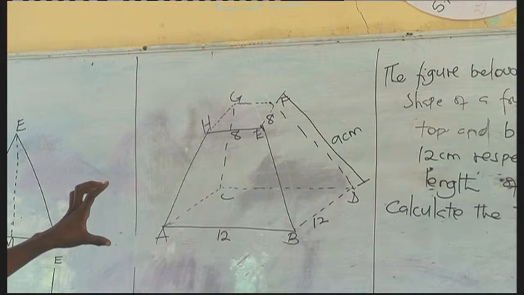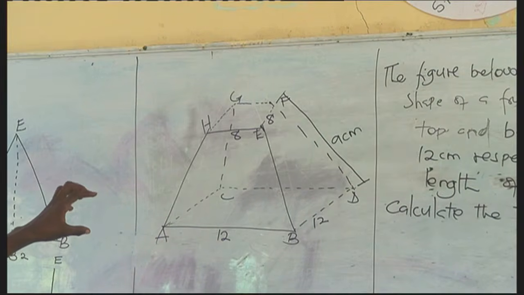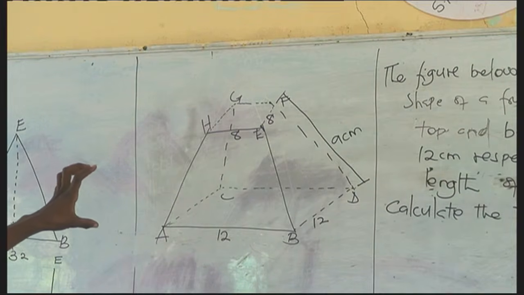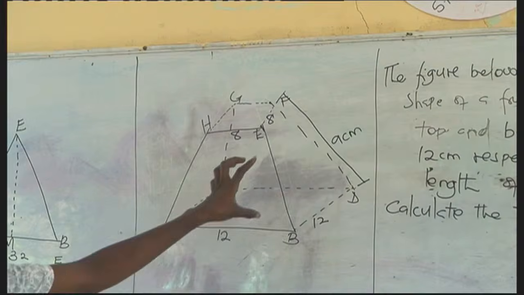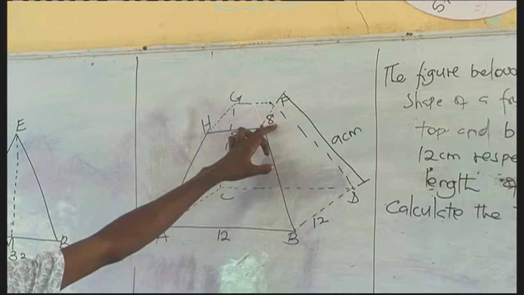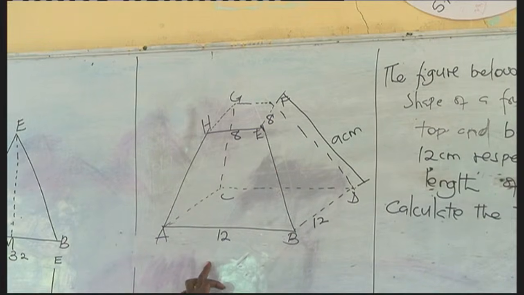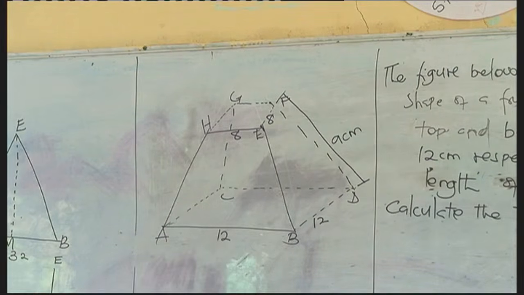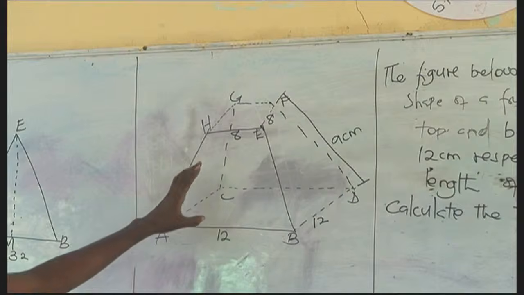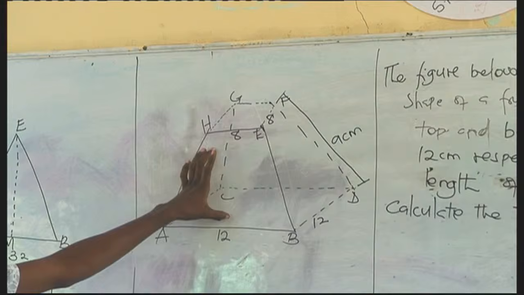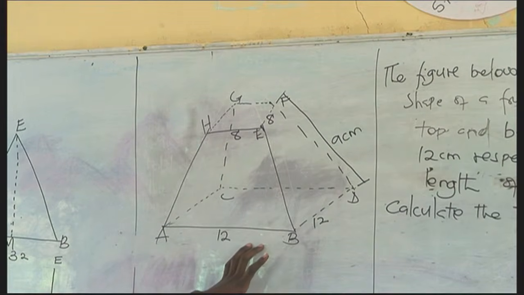I hope you can see the diagram. It has a top square of 8 by 8, a bottom square of 12 by 12, and a slant length of 9. So we want to get the area of one face, which we shall multiply by 4, then add the top and bottom, which are both squares.